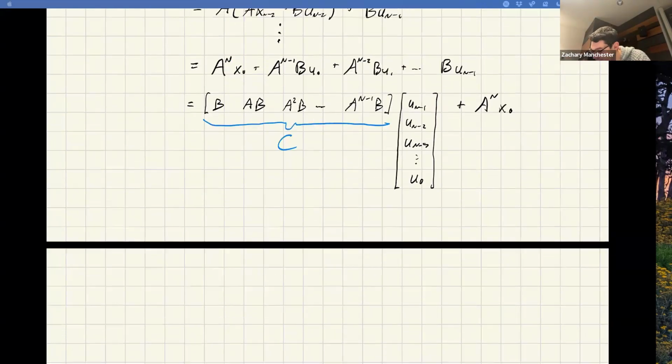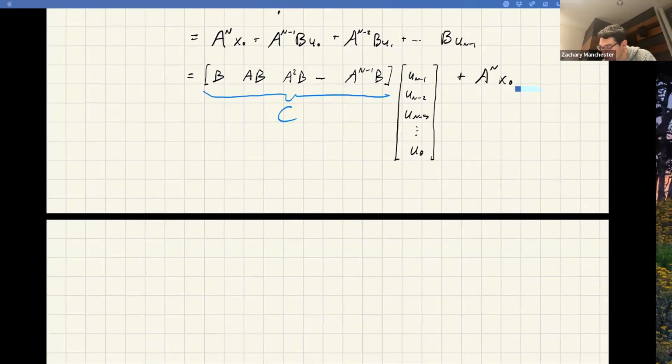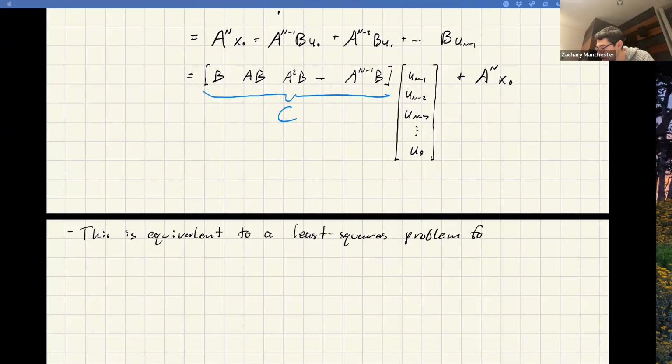So this whole thing is equivalent to a least squares problem for the u's, so for u naught to n minus 1.